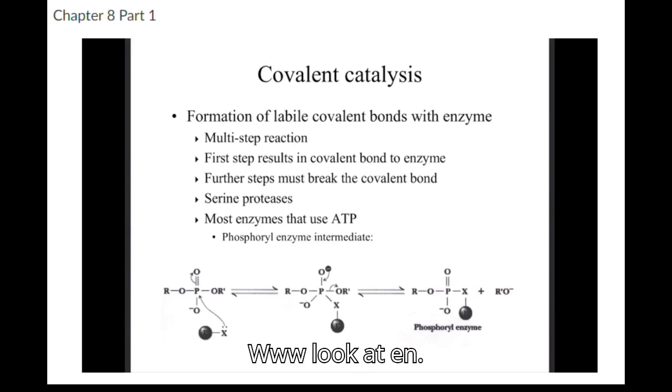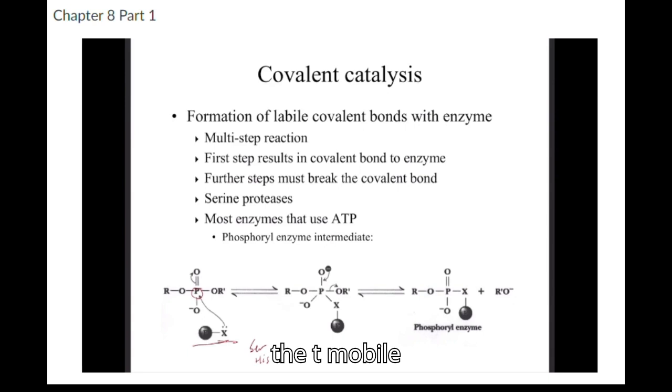We will look at an example of this in quite a bit of detail when we talk about chymotrypsin, which is a serine protease. Another example is a lot of enzymes that use ATP. If this is the enzyme here and we have some amino acid X, X would be like serine or histidine, which are pretty common. The X attacks the phosphorus here, and we are going to displace a portion of this.